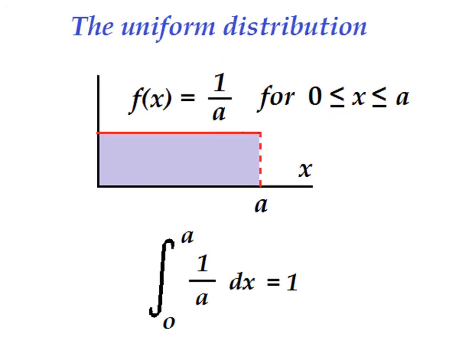Okay, if you want to increase your uniform distribution to include all random numbers between 0 and some other constant value, call it a, to keep the area under the f of x function, probability density function, equal to 1, and in this case it's going to be a rectangle, as you can see.